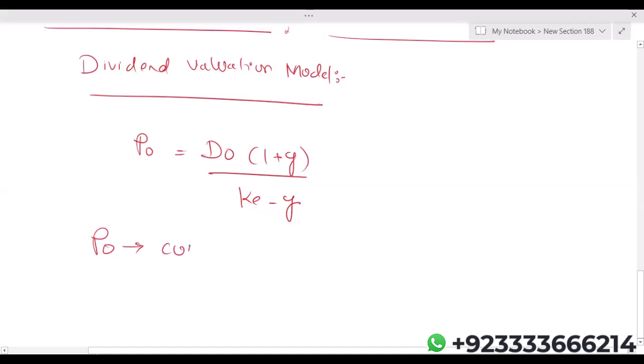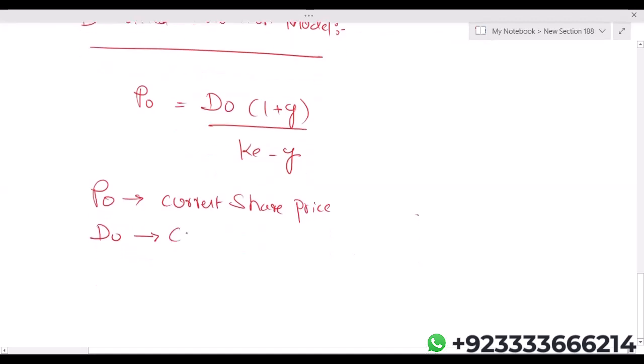P naught, we know, is the current share price per share. D naught is the current dividend per share. G is the annual dividend growth rate.